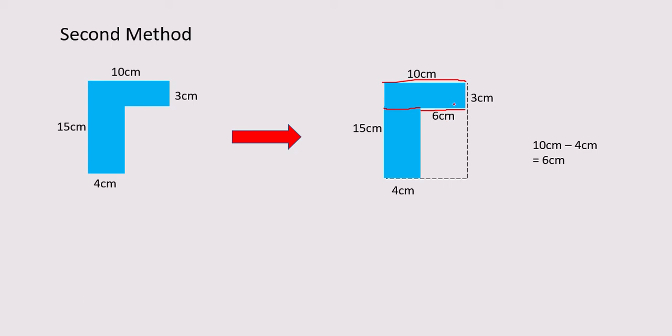Then the second one is from here to here. Remember that from here to here is 15 centimeter. Now let's remove this side from 15 centimeter. Remember that this area is 3 centimeter. So if you are to remove 3 centimeter from 15 centimeter, what do we have?